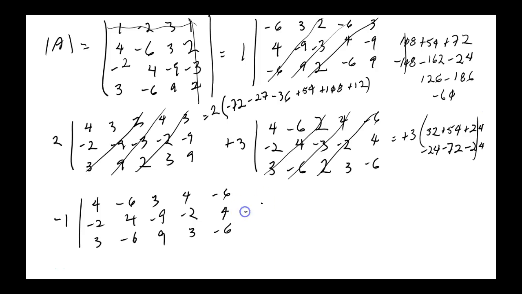And then this one would be a minus 1 times, down diagonal here. Oh boy, talk about miserable numbers. 36 times 4 is 144, I hope it is.